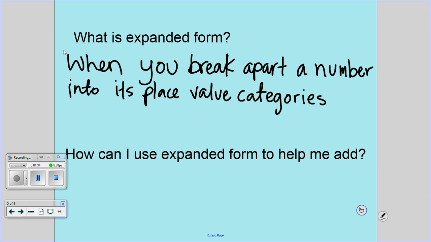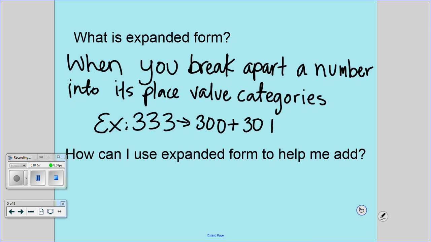I like the example that Lindley just gave. She said if we have the number 333, that's written in standard form, and then we break it into its place value, we have 3 hundreds. Let's make that actually look like a 3. Plus 30, 3 tens, plus 3 ones.